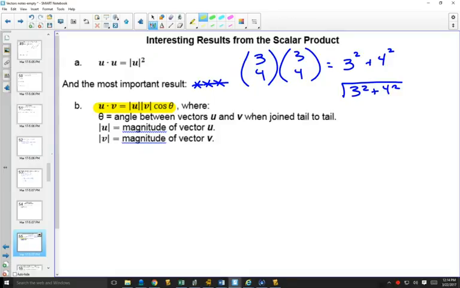So this is going to save us a ton of time compared to what we used to have to do with our old mathematics. This is where vectors are going to be much more efficient. Okay? But we'll look at some examples with this. So the dot product is always equal to the length of one vector times the length of the other vector times the cos of the angle between them.